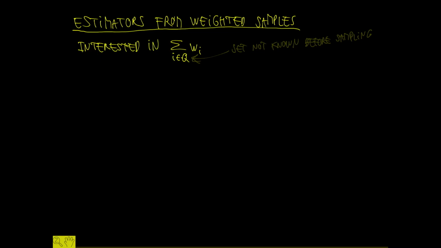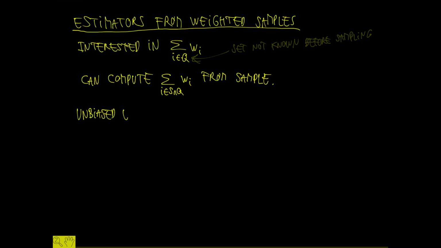Let's call this set Q. One thing that we can do from the sample is to compute the sum of weights of those elements we have actually sampled. So in order to get an estimator of the sum of weights of all items in Q, including the ones we haven't sampled, we can use the estimator mu hat, which is simply the sum of the sample weights divided by the sampling probabilities.